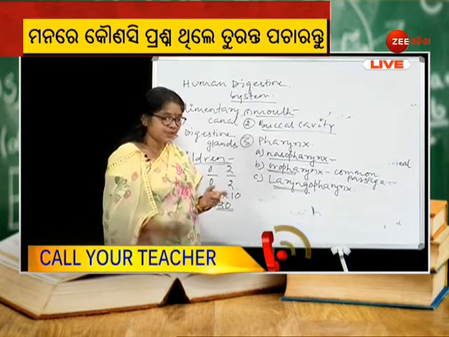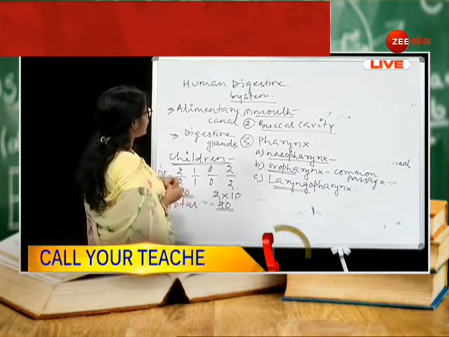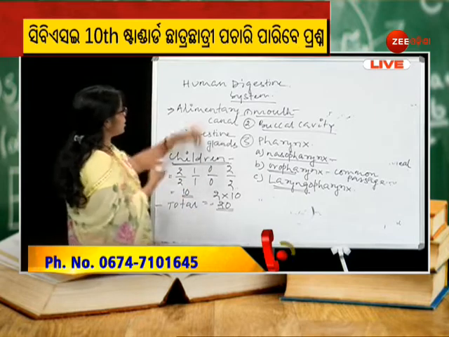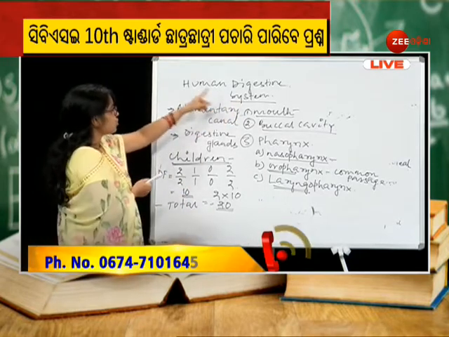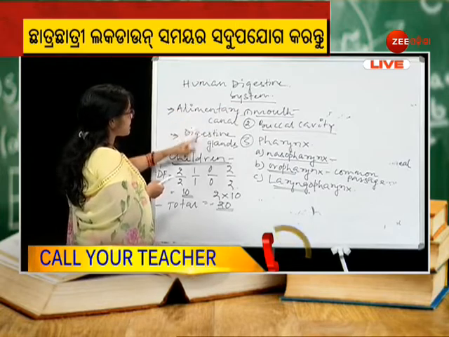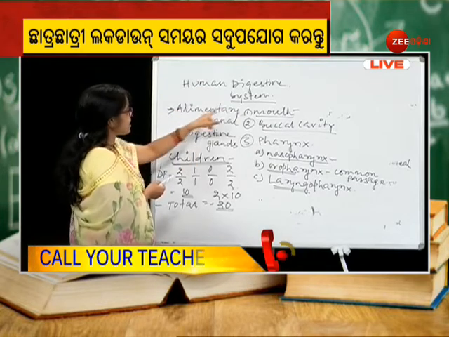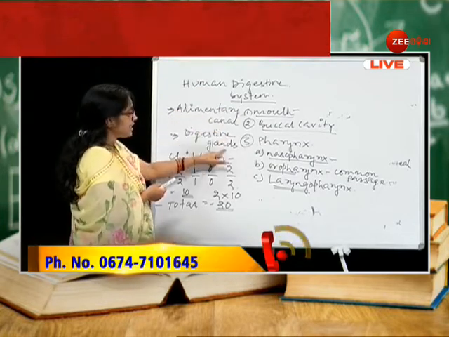Okay. Buccal cavity, which is a part of the alimentary canal, because we are studying the human digestive system. The human digestive system can be described under two headings: first the alimentary canal, second the digestive glands.